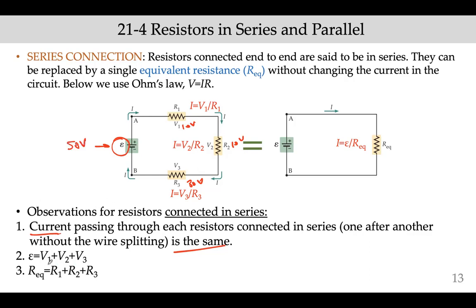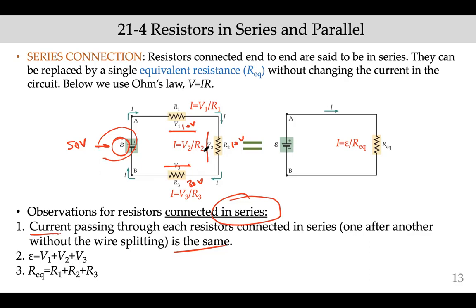Basically you add up the voltages. Again, we are talking about the series connection: the current is the same, but the voltages on each resistor add up to give the voltage of the battery or voltage source.